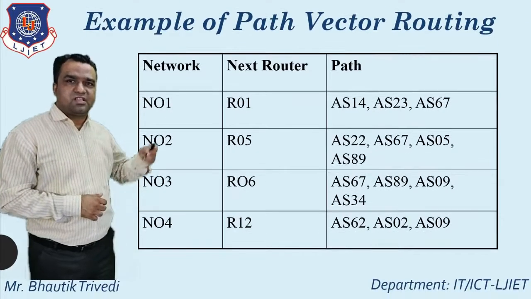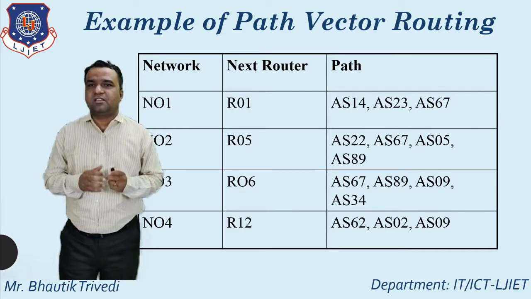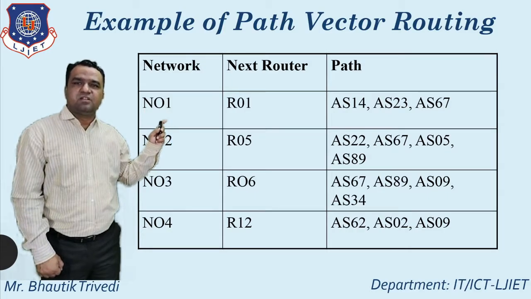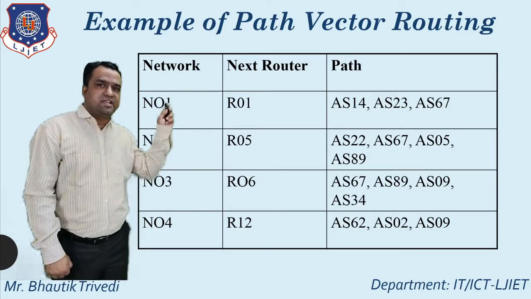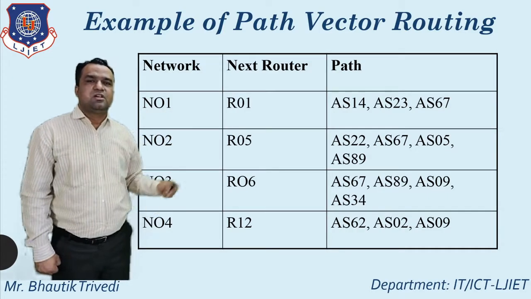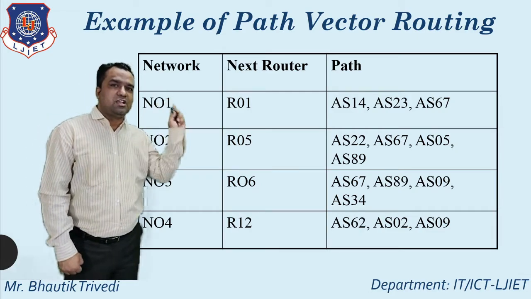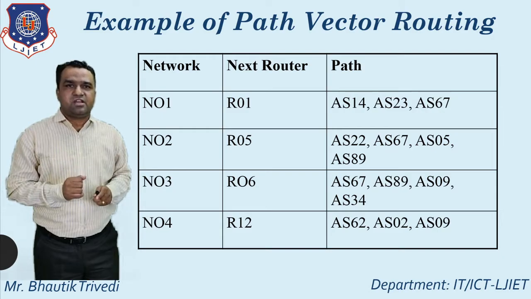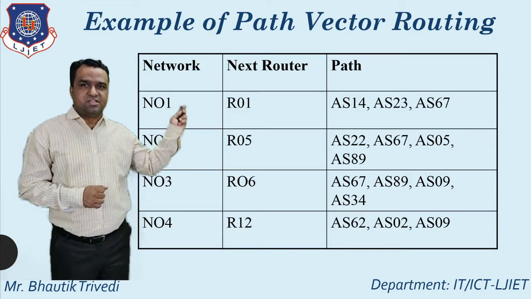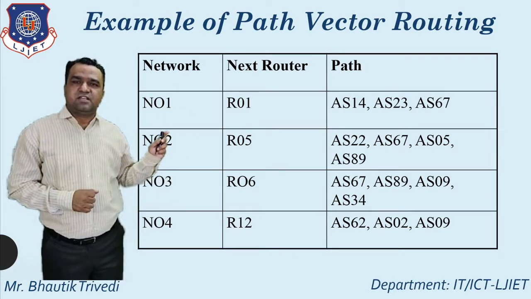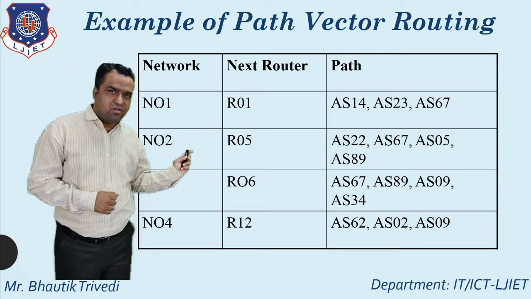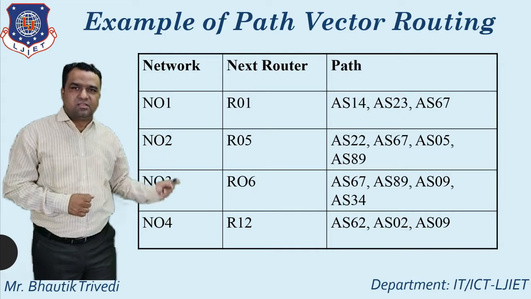This is an example of path vector routing. Here you can see the first column is the network, the second is the next router, and the third is the ordered list of ASs. The ordered list of ASs here means AS14, AS23, AS67. The second entry is N02, with next router R5 and its path.